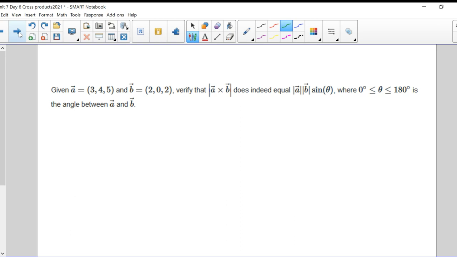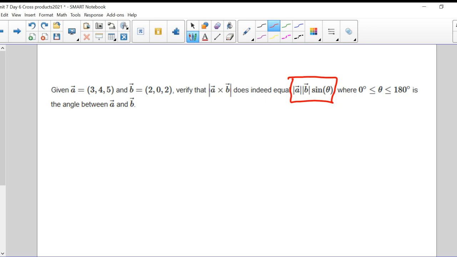We're about to try this now, and this is going to give us some good practice with how this works. Now remember, this is the definition of a cross product for geometric vectors.